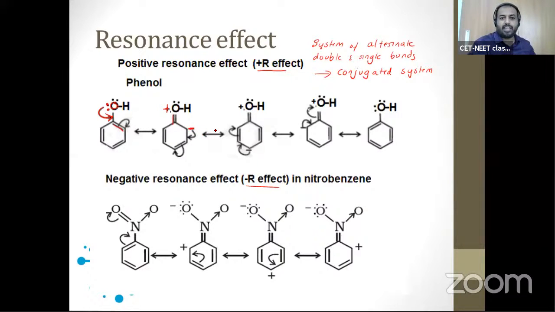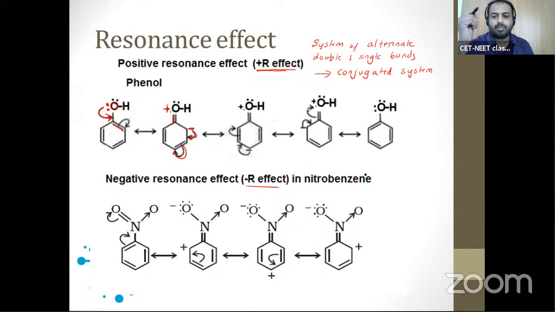Again, that can be drawn into the ring, pushing out these electrons to the next position. Likewise, the pi electron system travels around the ring. Because the benzene ring gains the electron density and the substituent is giving it, you call it plus R. That's all, very simple.